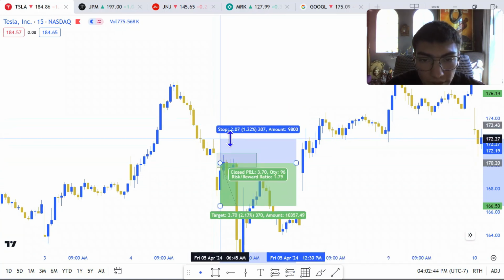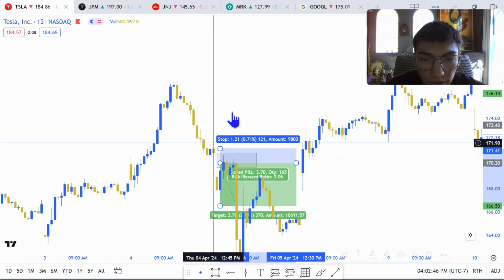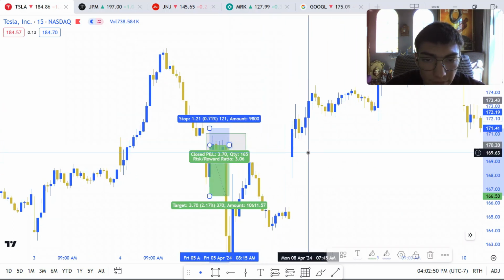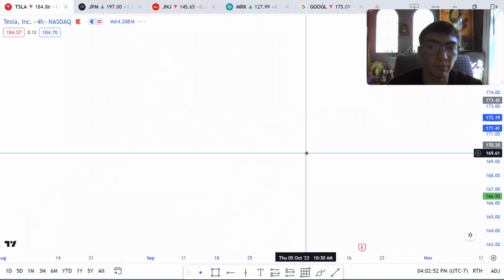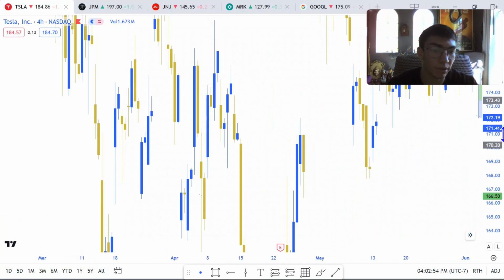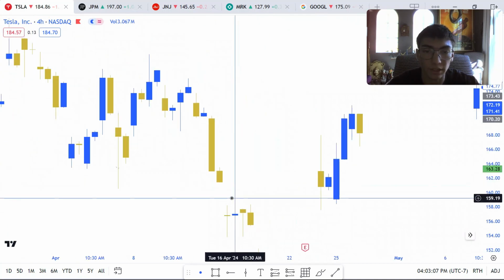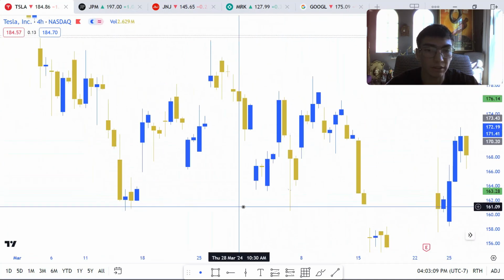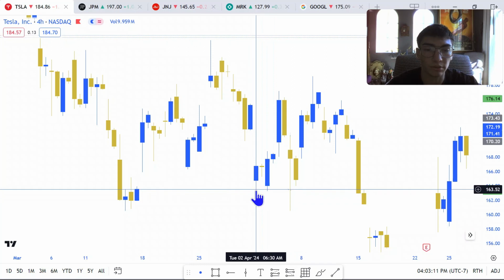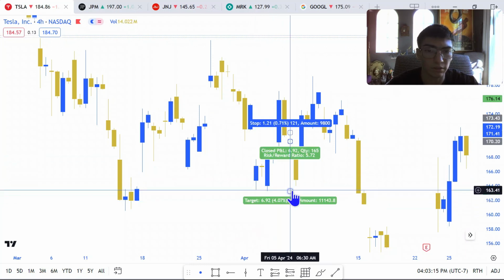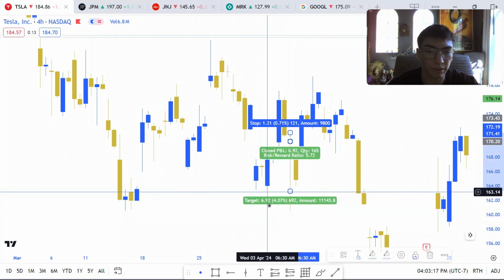Price retraced into the gap, and then where's our take profit? Remember, we're trading on the 4 hour time frame bias, so we go down to the 4 hour. This is the most recent liquidity. Down candle, up candle, that's a low, so we will be taking profit there.